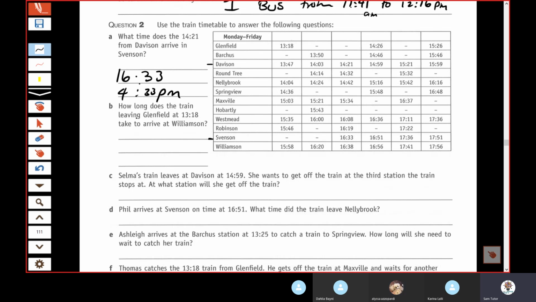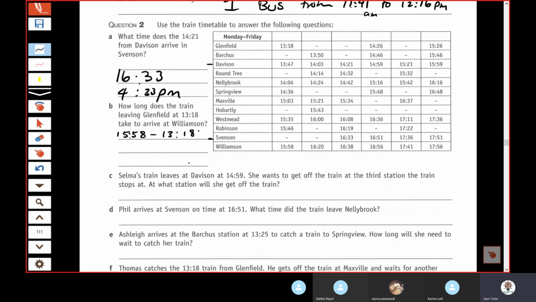How long does the train leaving Glenfield at 13:18 take to arrive at Williamson? So 15:58, and it was 13:18. So I just want to try this one more time and see.